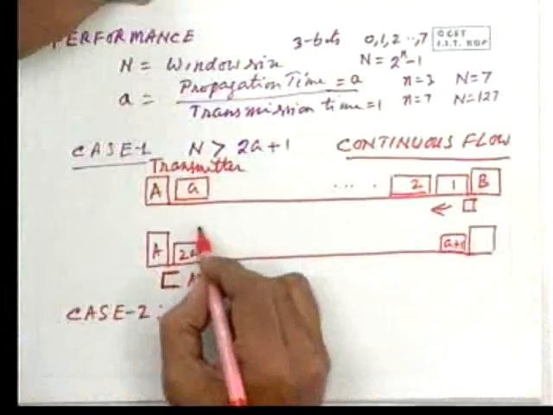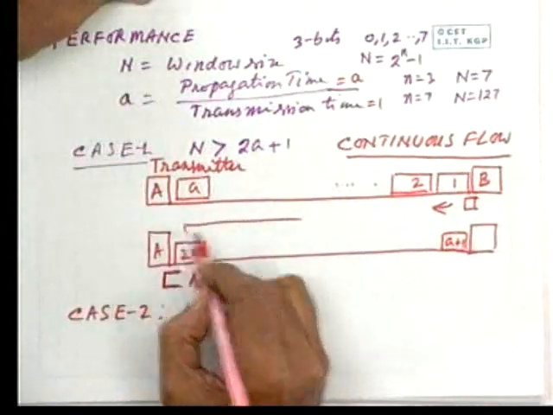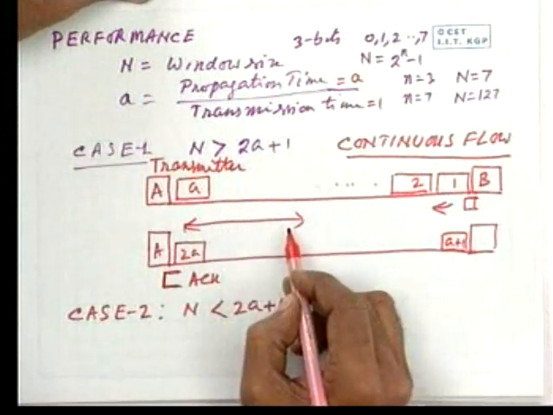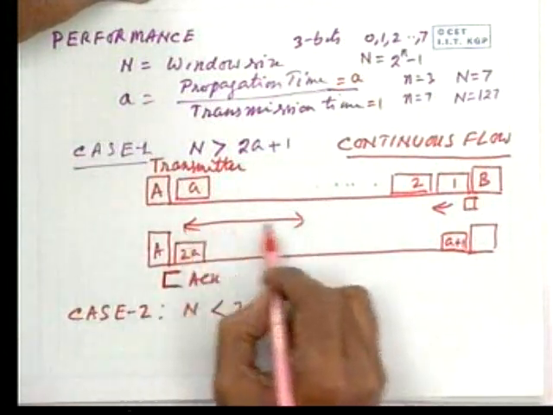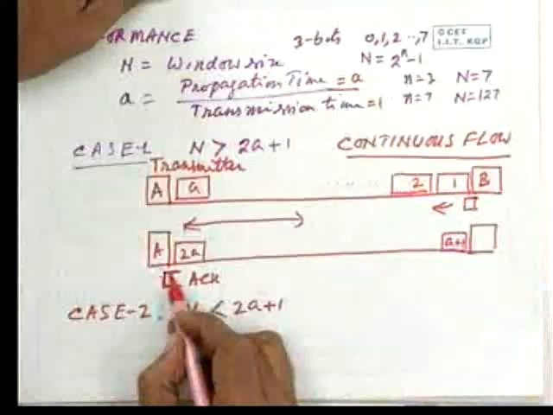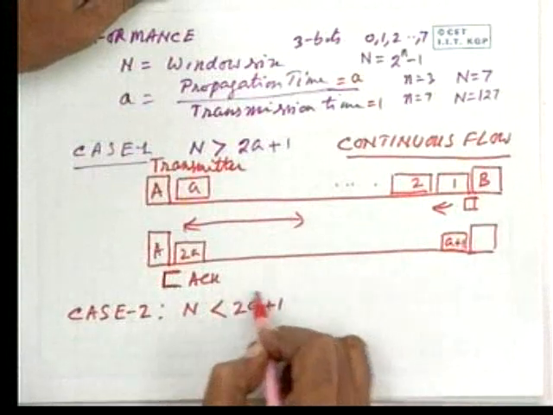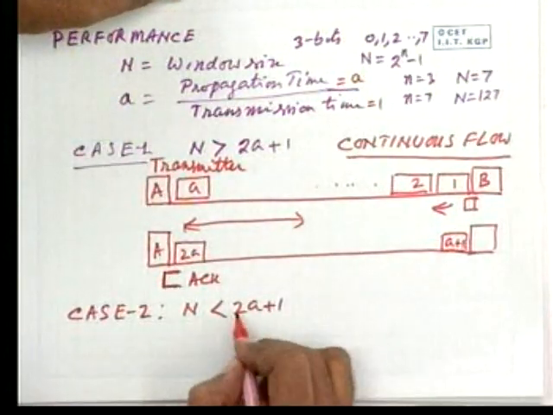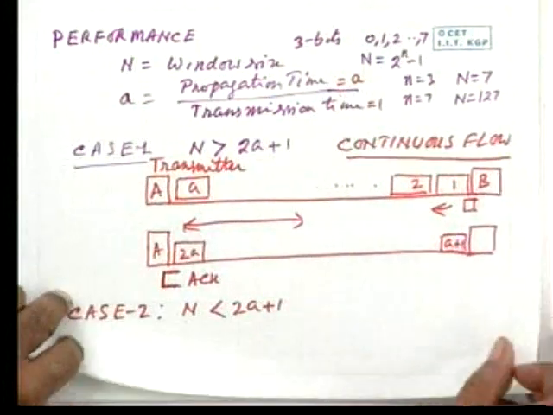So a portion of the transmission path will remain unutilized, because during this time nothing can be sent by the transmitter, since the window size has already got exhausted and the window cannot be expanded until the acknowledgement is received. So in this situation, you will not have continuous flow, and the value of utilization changes.